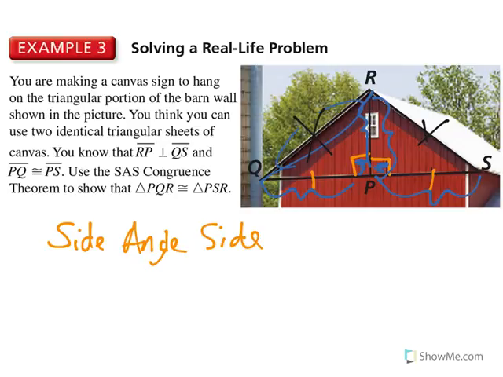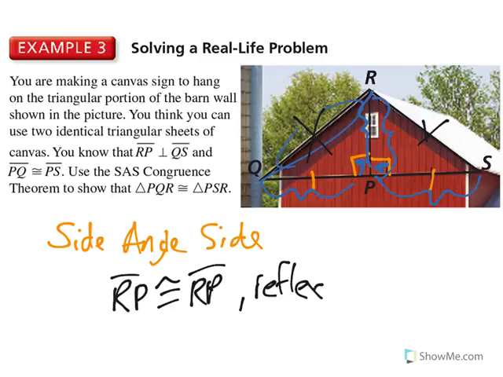So once again, like we did in our problem earlier, RP is going to be congruent with RP because it's the same exact side, and our reason for this would just be the reflexive property again. So based on the reflexive property, we can agree that triangle PQR is congruent with triangle PSR because of the SAS congruence theorem.